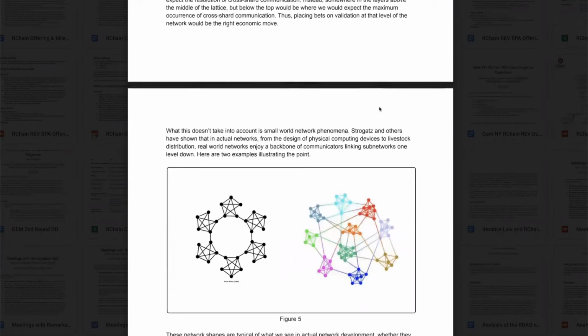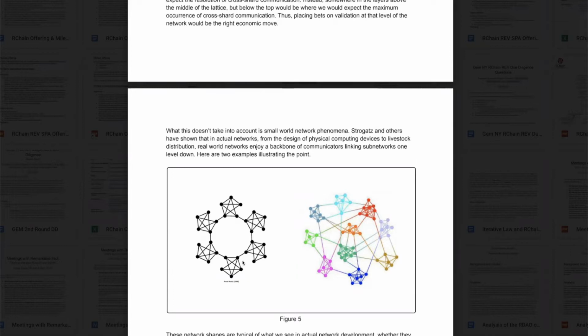What really happens in actual networks, whether they are the result of human design processes or evolution, right? So here are two examples of such networks. One is from livestock distribution, and the other is from some design network. The point is that you typically get a backbone and a lot of subshards connected via the backbone.